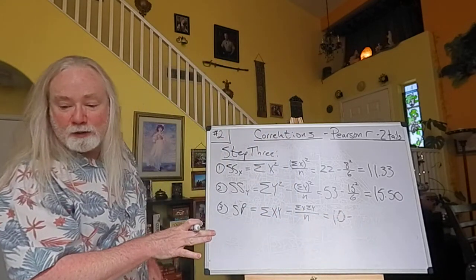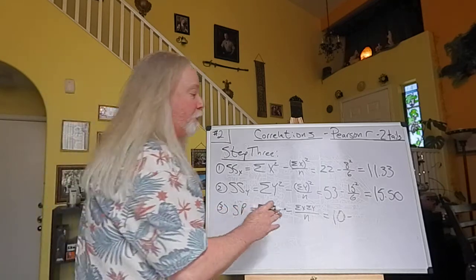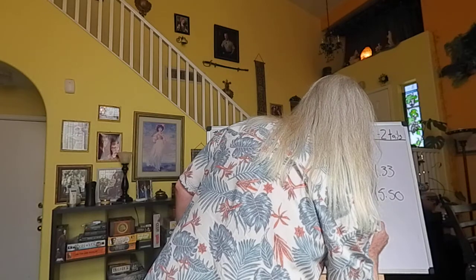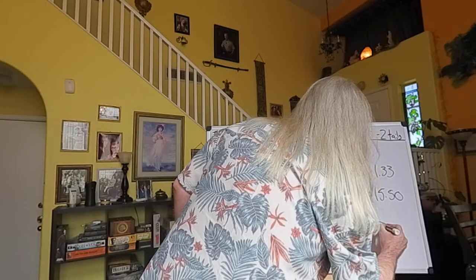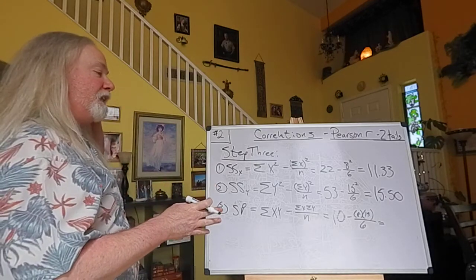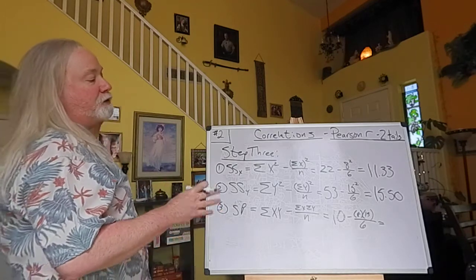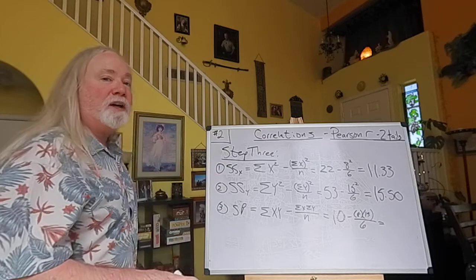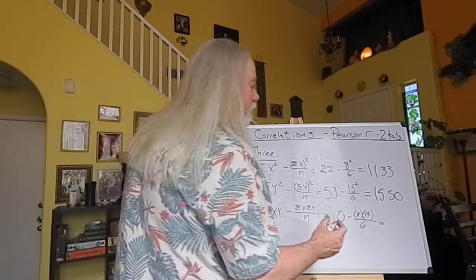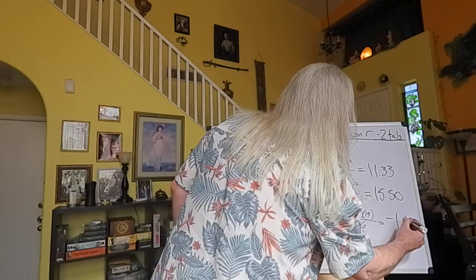Summation of x was 8. Summation of y was 15. And again, there's still 6 pairs of scores in the data. So 8 times 15 first, then divide by 6, then subtract that out of your 10, and you get a sums of products of negative 10.